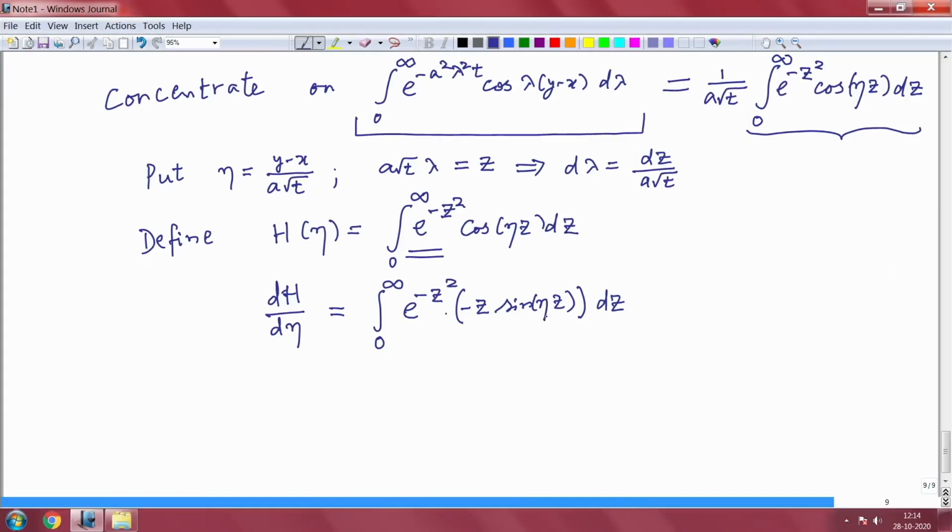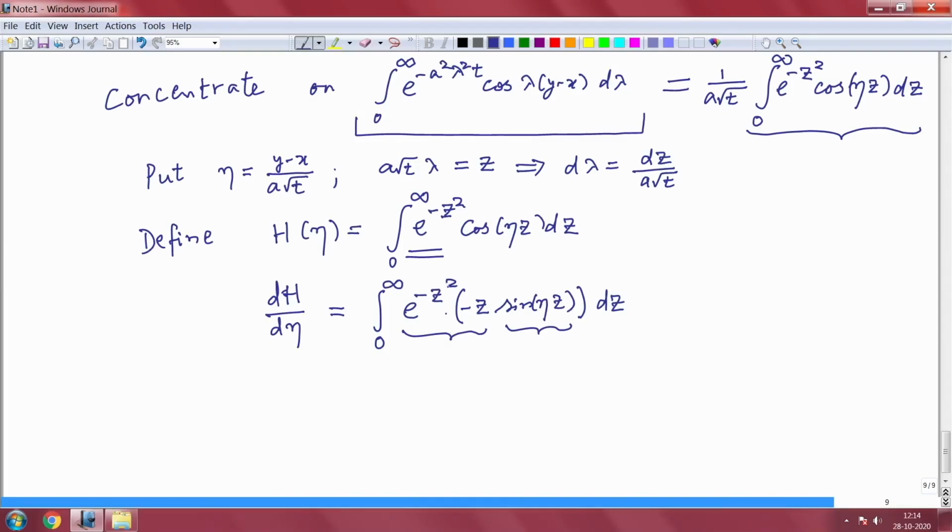So this is differentiation under the integral sign. Now you integrate by parts. You take these two terms together and this separately. You differentiate sine and you integrate the other one, because of z we can integrate that one.